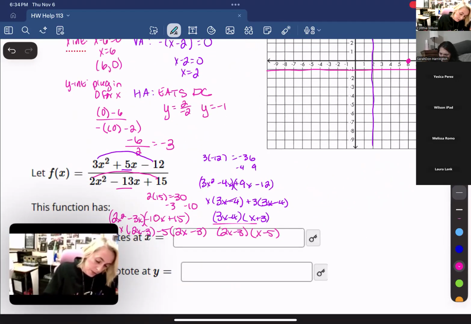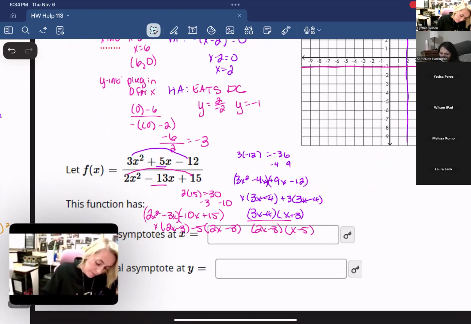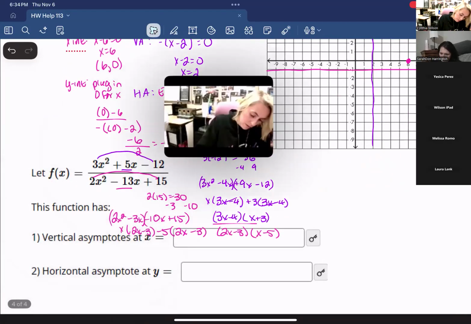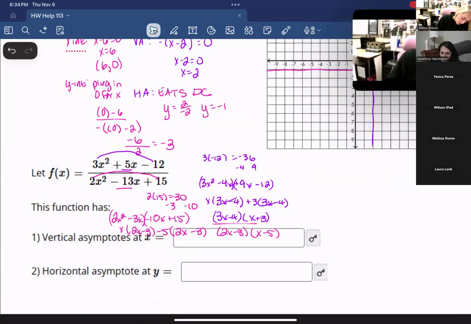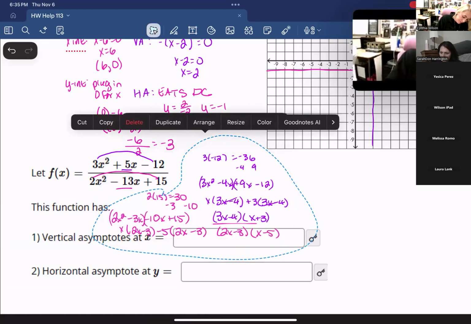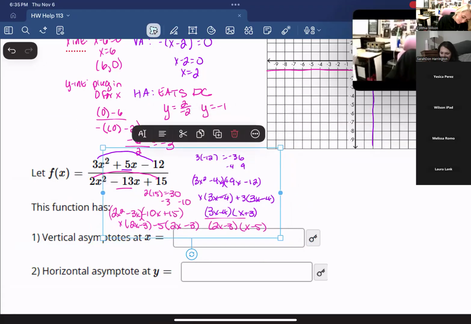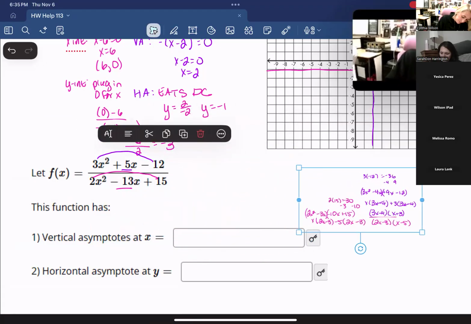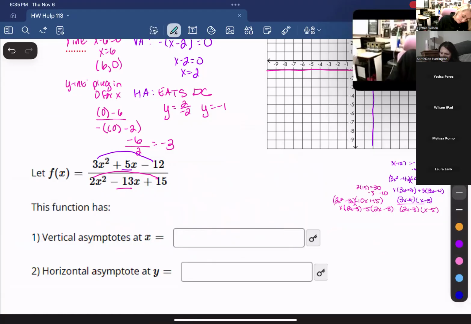All right, I'm going to shrink those and get these out of the way. Okay.